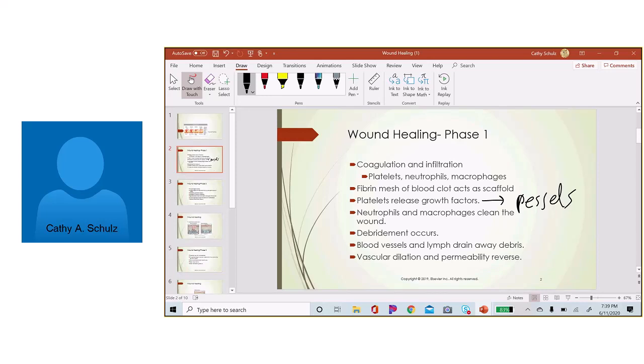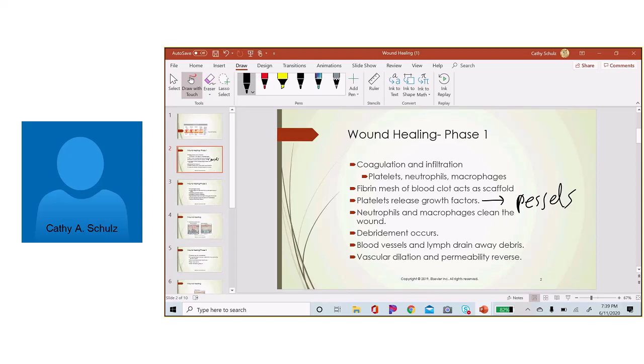But eventually then we have to calm down the permeability because we don't want fluid to continue to come into this wound that we're trying to heal. And so we want to reverse that permeability and we want to grow new vessels where we need to, but we don't need the vessels to be as dilated. So we have to calm down inflammation a little bit.